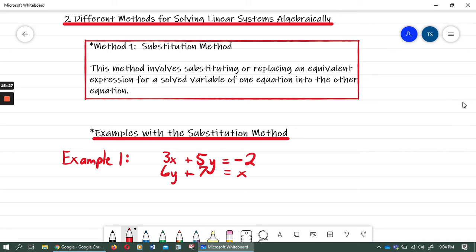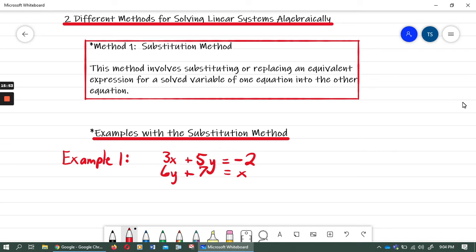Now, guys, if you're going to be showing your work and it specifically says use the substitution method, if you use the other method, that means you didn't follow instructions. That means you're definitely not trying to get all of your points for that part of the assignment of showing your work.